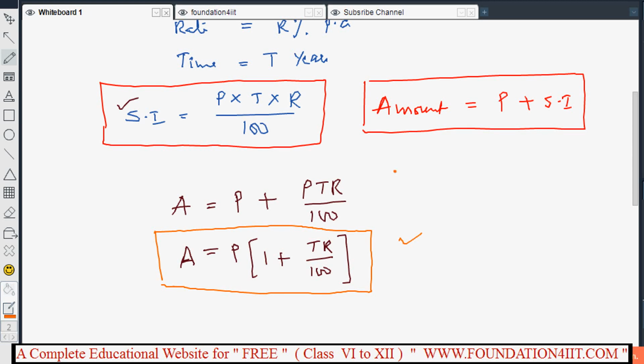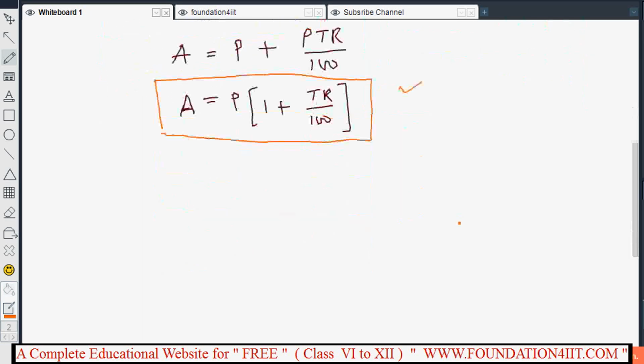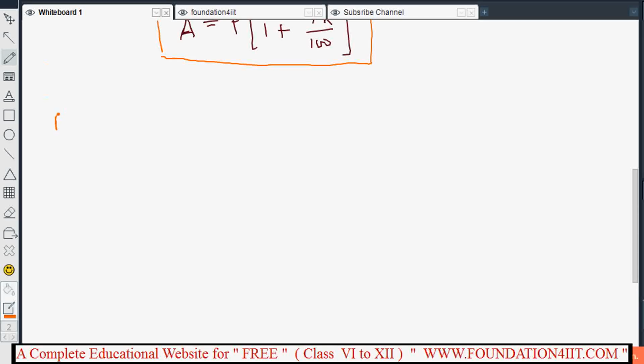Now I'll tell you some important rules when you're finding simple interest. There are only two important rules. Rule 1 is, while calculating the time period between two given dates, the day on which the money is borrowed is not counted for interest. For example, 22nd December 2016 we borrowed, and 13 January 2018 we paid.